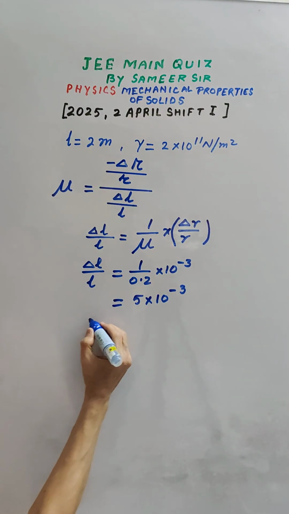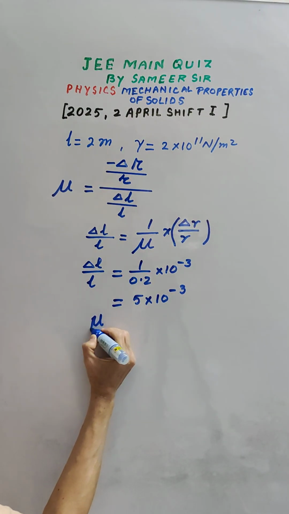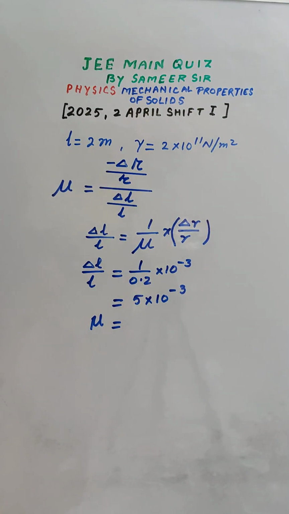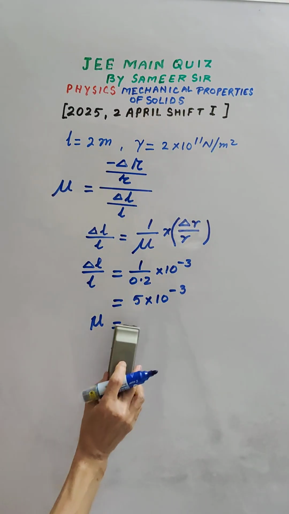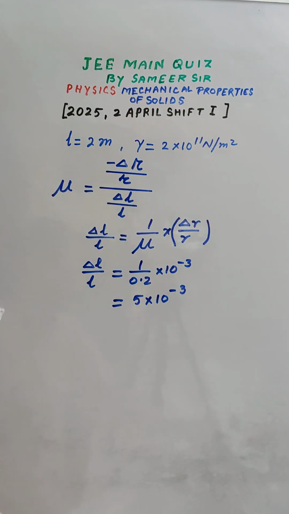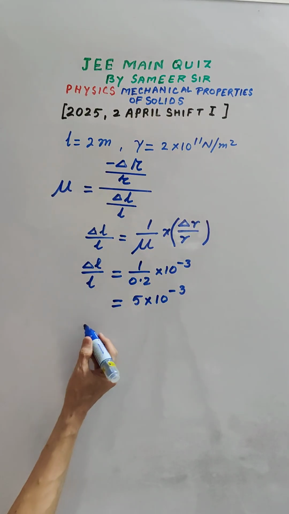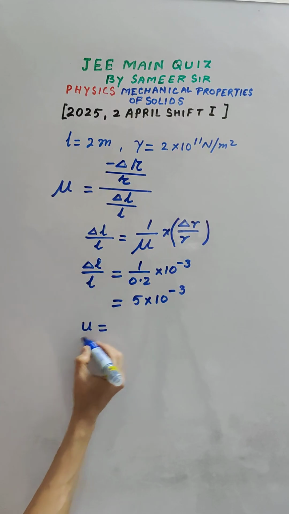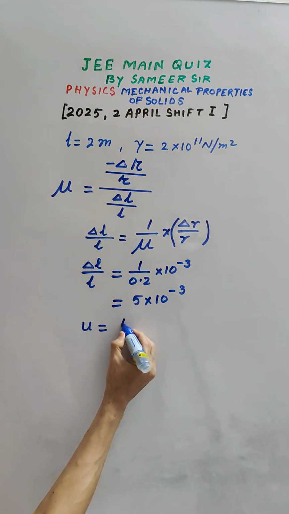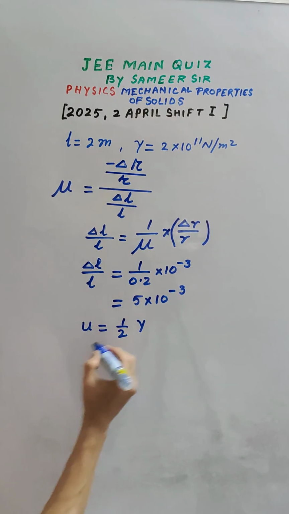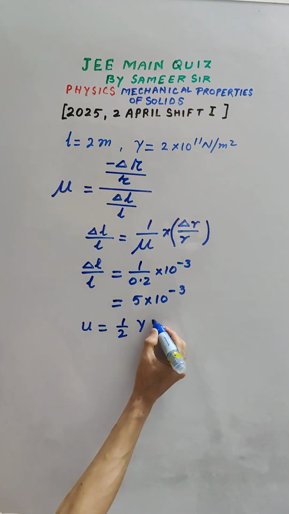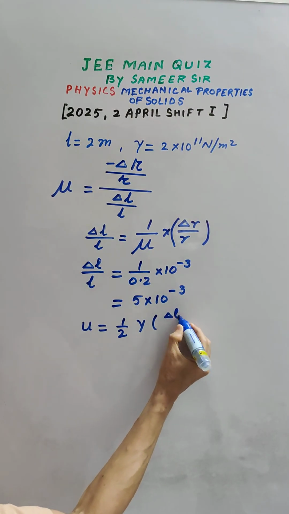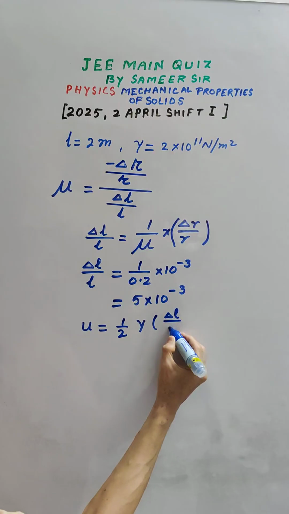Now the elastic potential energy density u is equal to 1 upon 2 into Y into (delta L upon L) square.